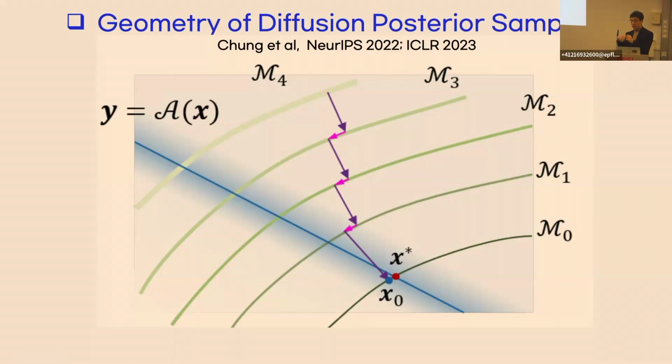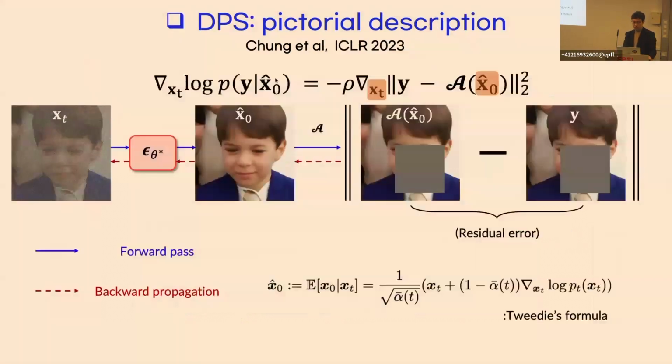Because of that, the diffusion model gets messed up. I showed the example. So following this procedure, you have a data measurement consistency term, y minus Ax, but instead of using xt, you have a denoising formula using Tweedie's formula. And then you need to minimize this. But this is just an implicit denoising formula, so you need to calculate the gradient all the way up to this. So you need to do backpropagation.